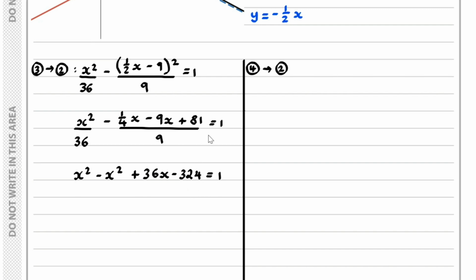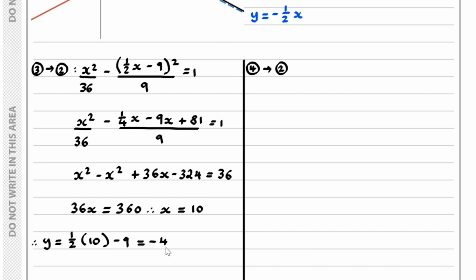This is all equal to 36. So 36x is equal to 360. So x is equal to 10. And if x is equal to 10, that means the corresponding y value is 1/2 lots of 10 minus 9, which is minus 4.